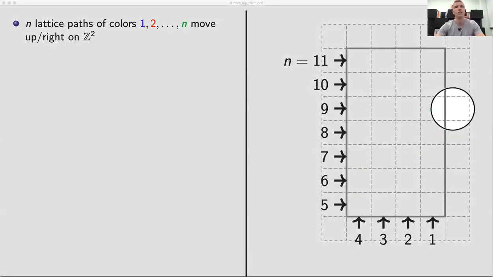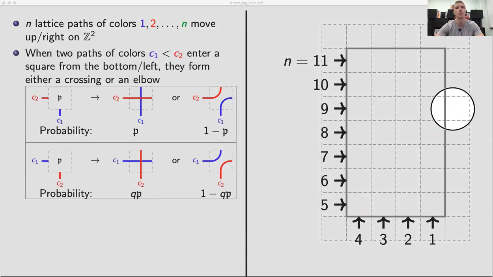And the way it is defined is it's a probabilistic model. Whenever you see a square with incoming colors, let's say here you have 4 and 5, then you flip a coin, and either it's going to be a crossing or an elbow in this square.